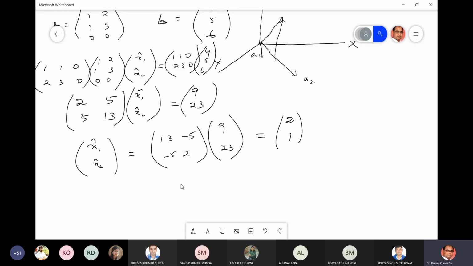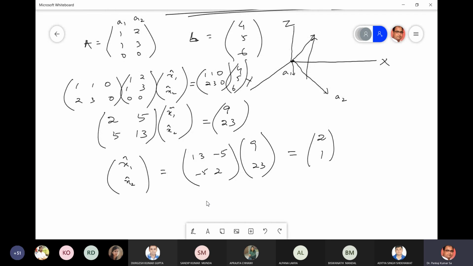So if we see this value, this is where the entire thing is. 0, 0. Ax equal to b, right? That is what we write.